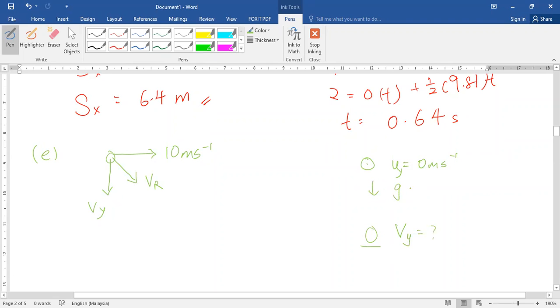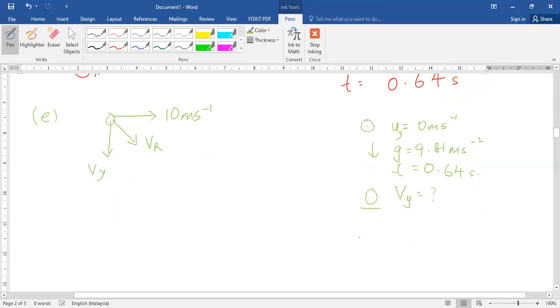Falling down with g equal to 9.81 ms^-2 and the time taken t is equal to 0.64 seconds. So by using the formula Vy equal to Uy plus gt, Vy is equal to 0 plus 9.81 times 0.64.